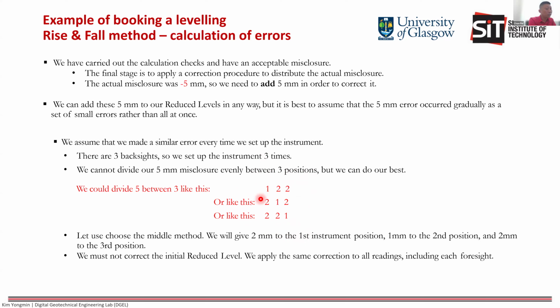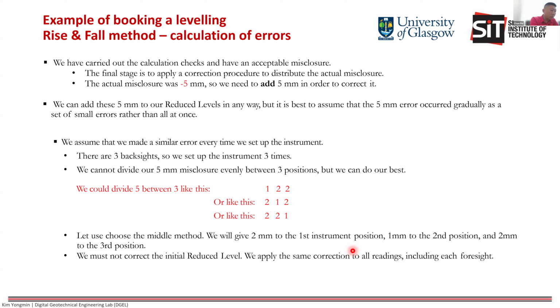Either the first point we put 1 mm, the second 2 mm, and the third 2 mm, or the first is 2, second is 1, and third is 2, or another way is 2, 2, 1. In this case, maybe either one is okay. Actually, it is the same as long as you get the final reading correct. And like I said, 1 mm for the reading is actually acceptable.